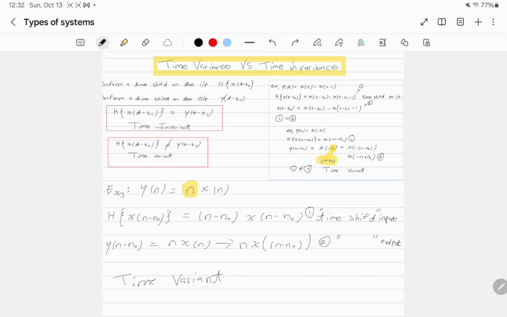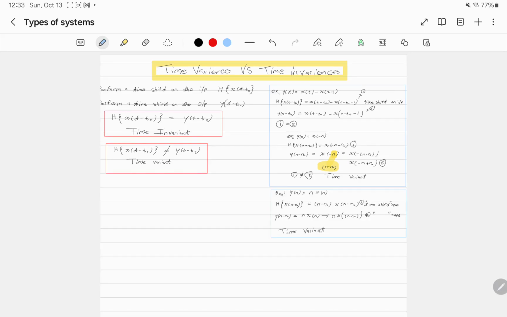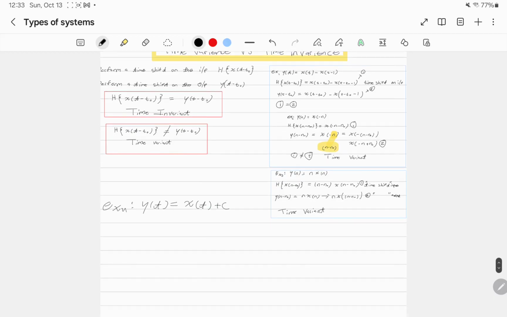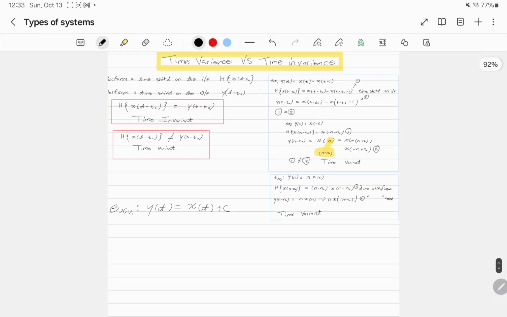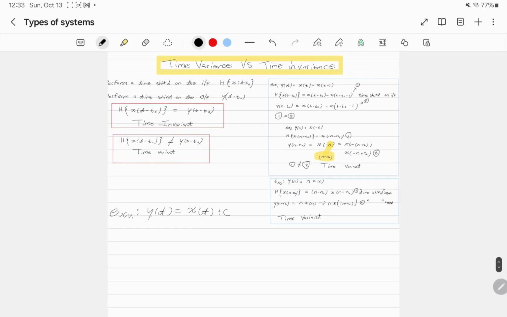So, time to move on to the next example and the last example. So for our last example, let's say we have something like y of t is equal to x of t plus c, another constant. So let's keep doing what we're doing.